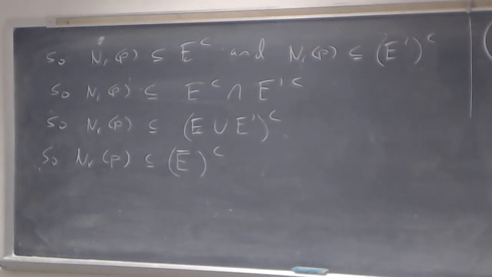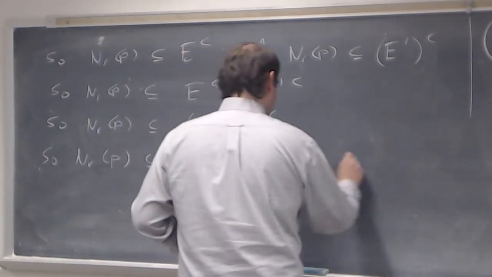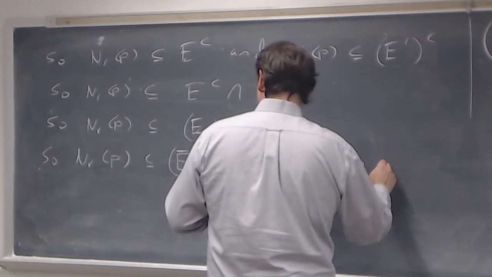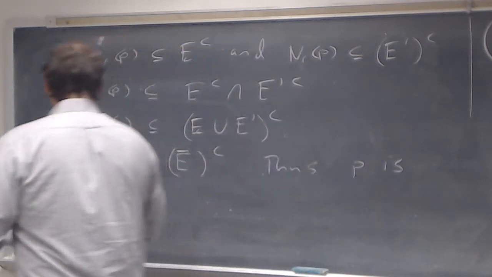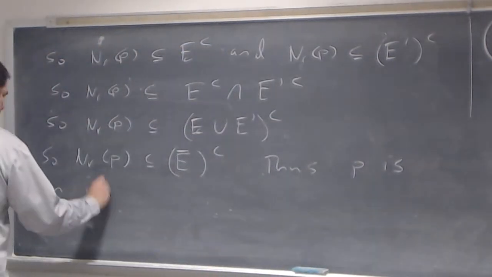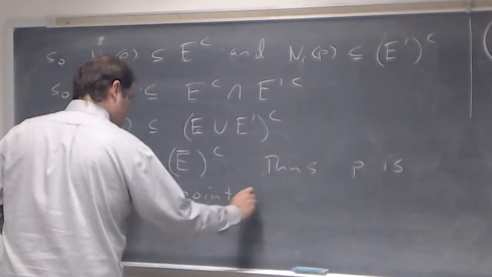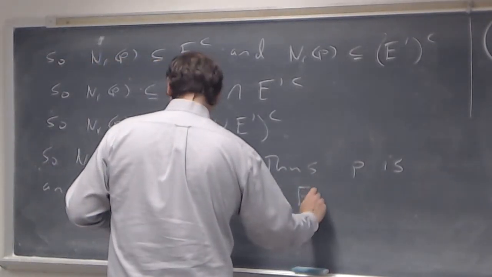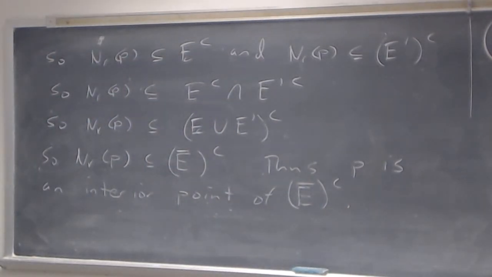Thus, that says that P is an interior point of E closure complement. And so P was just an arbitrary point in this E closure complement. So let me write that down.